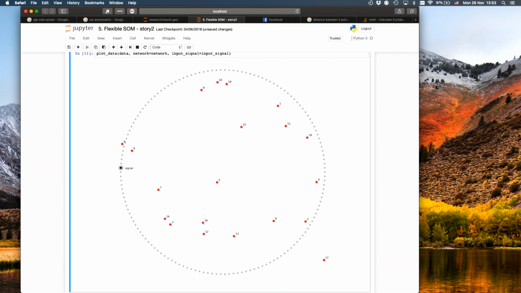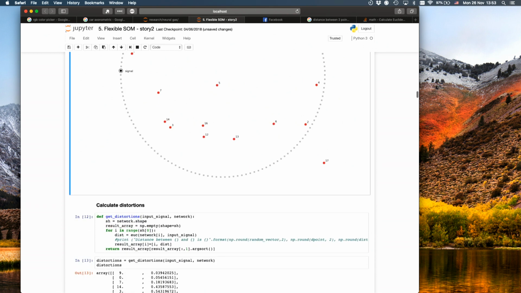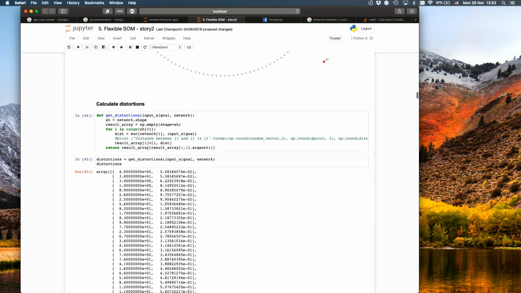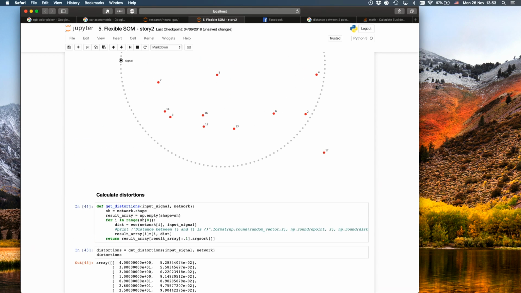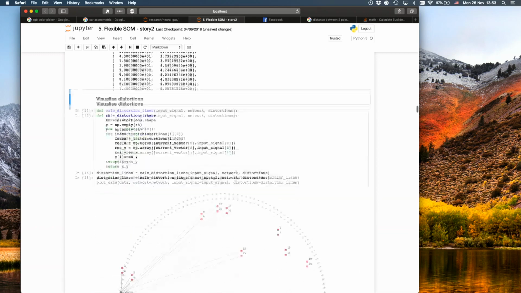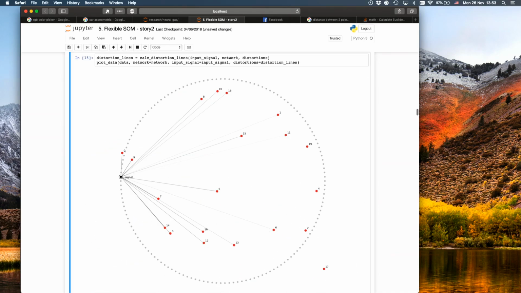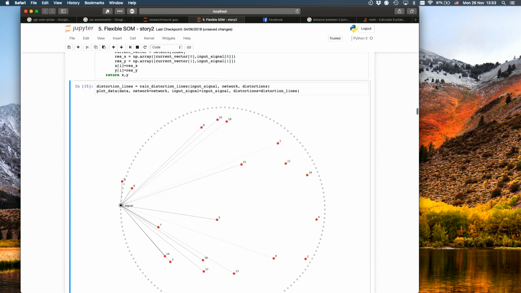I presented it to my red data points that are trying to mimic the gray ones. I calculate the distortions, or the distance between them and the signal, and then sort them. Then I'm trying to visualize these distortions.